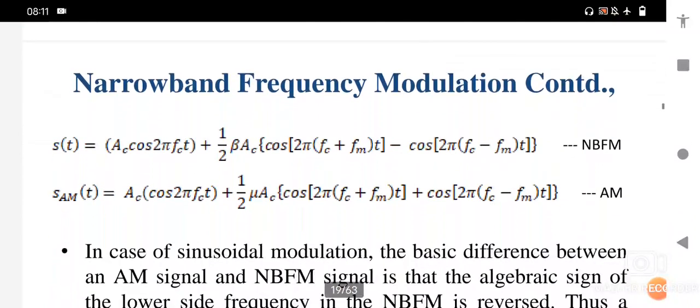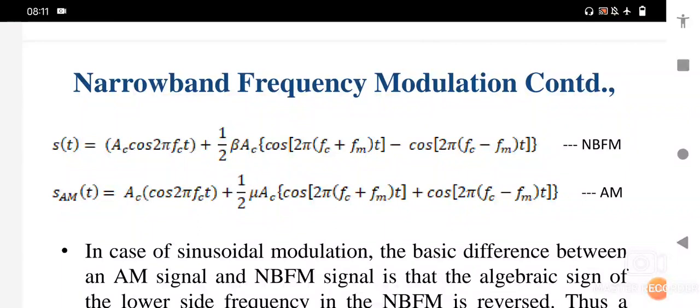So S of t is equal to AC cos 2 pi fct plus 1 by 2 beta AC cos 2 pi into fc plus fm into t minus cos of 2 pi fc minus fm into t, that is represented as the narrowband frequency modulated signal.